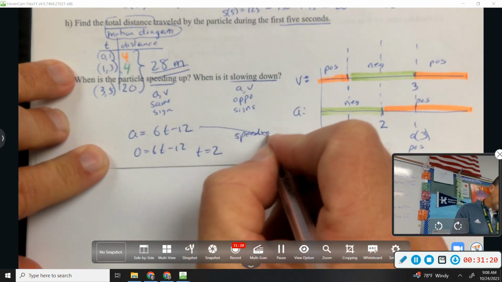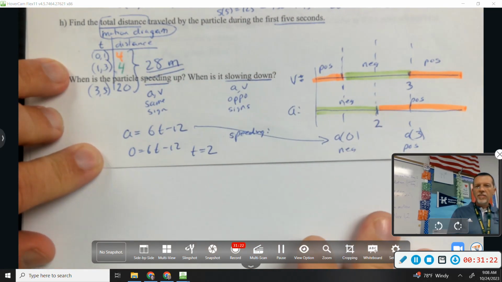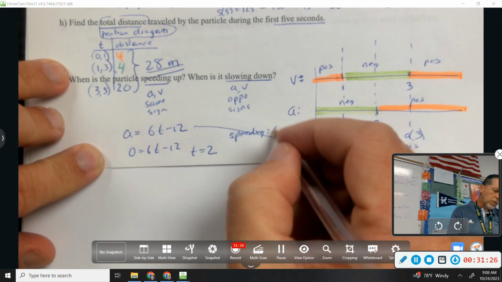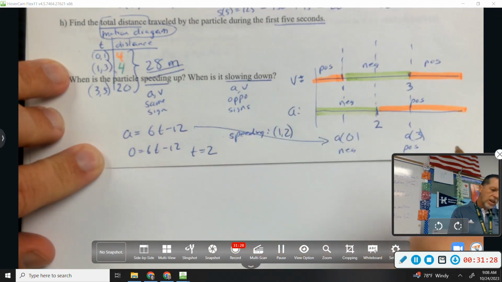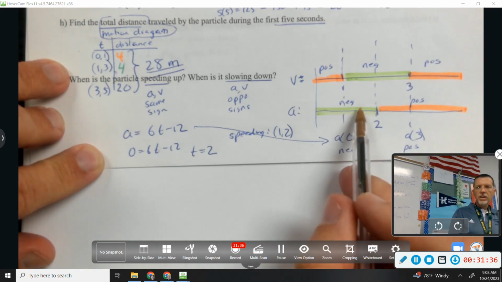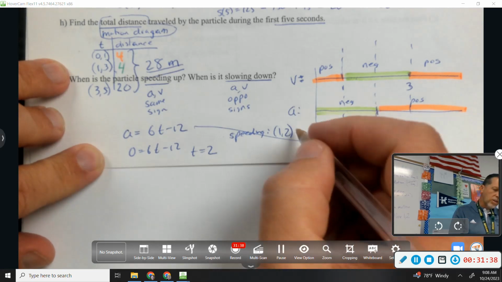It's speeding up when they have the same, so that would be 1 to 2. And anywhere else they have the same color? So 1 to 2, and then 3 to infinity.